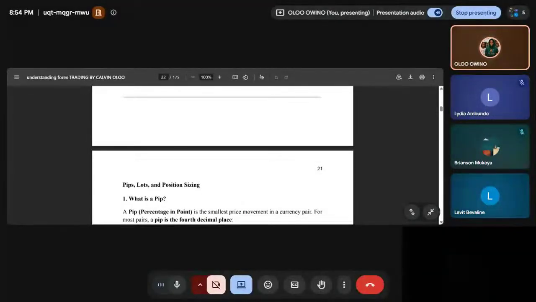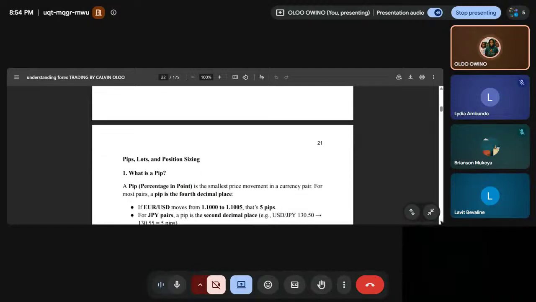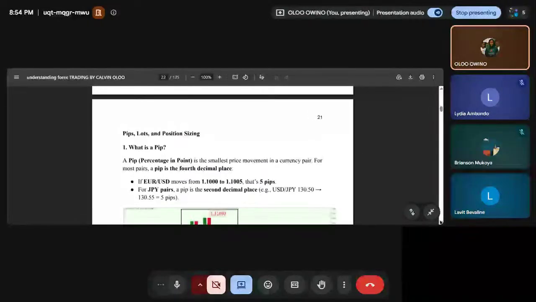As I get to analyzing the market, I'll be teaching different currency pairs and how their pips are calculated. So I'll move on. Is there any question up to there? I'll take that as a no. For example, if USD moves from 1.1000 to 1.1005, that's 5 pips.